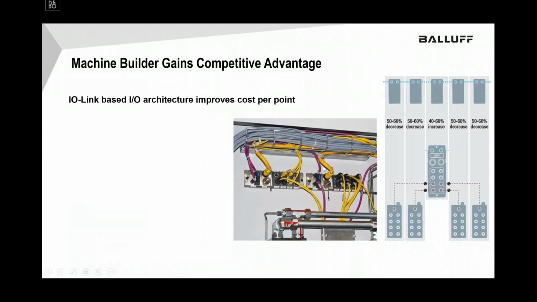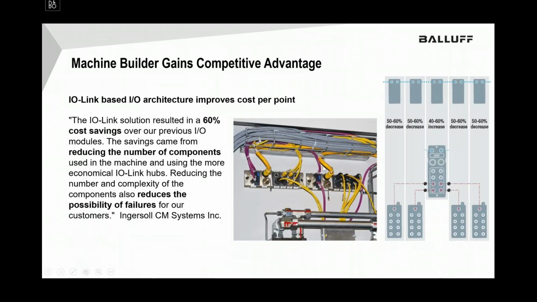This is a case study from Ingersoll CM system. This is a little bit older, but they moved from a network-based architecture, so generation 3, to the I/O link architecture, where there is one I/O link master, which is on the network, and then lots of I/O hubs. And it resulted in 60% cost savings for them.